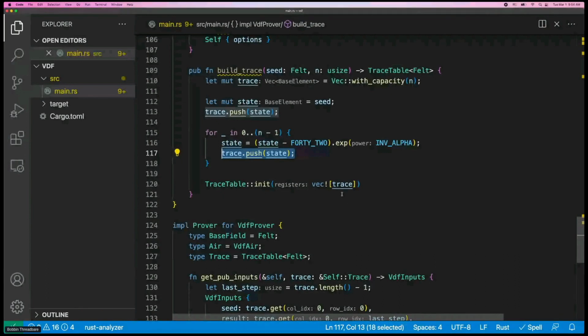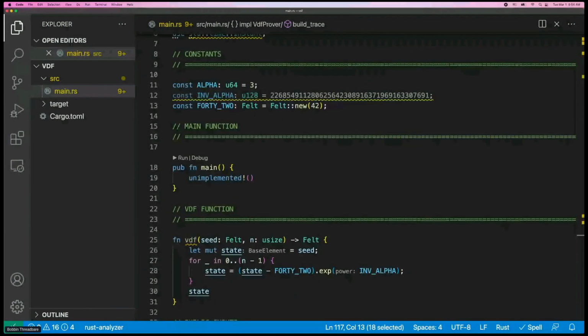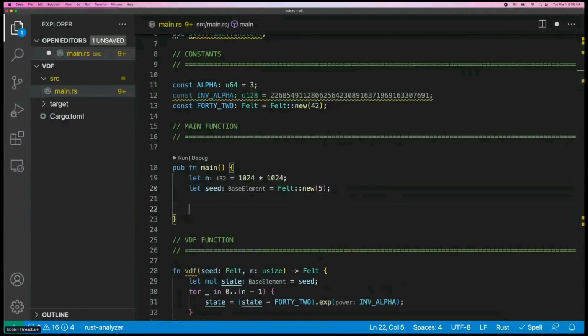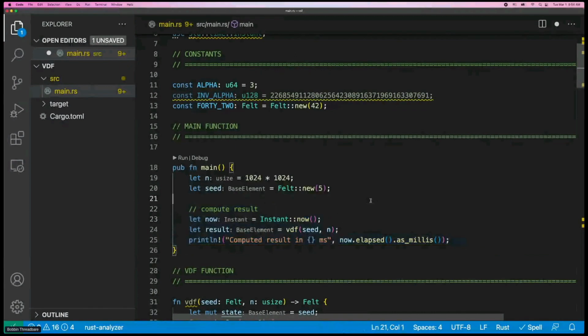All right. So the last thing that remains here is let's build the main function. We want to run this for 1,000,000 steps, and we want to start with value 5. So this is our initial inputs. Just for sanity checking, making sure that we did everything correctly, we're going to run this computation separately using our VDF function.